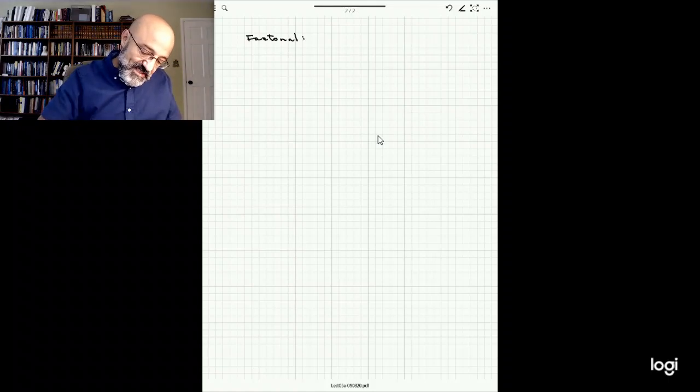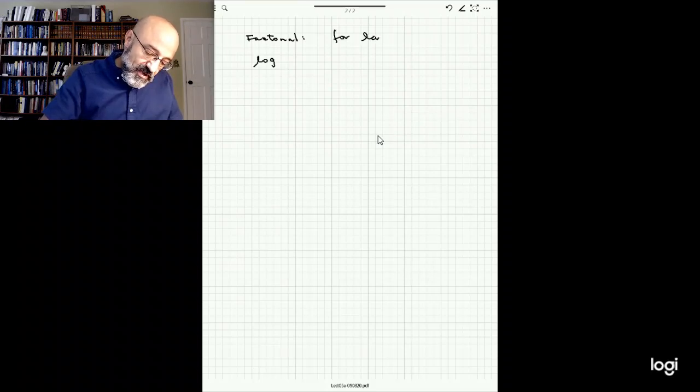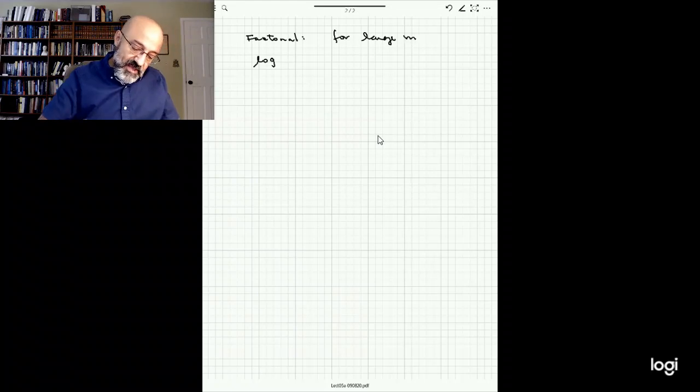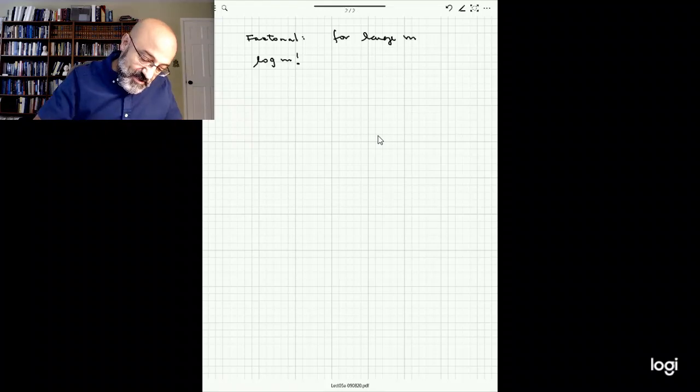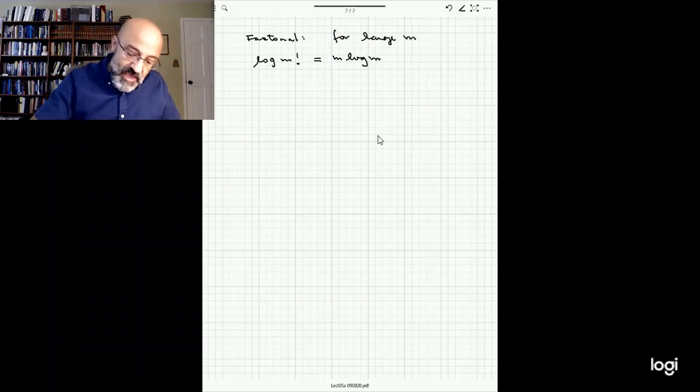And what that says is that for large m, the log of m factorial can be approximated by m log m minus m.